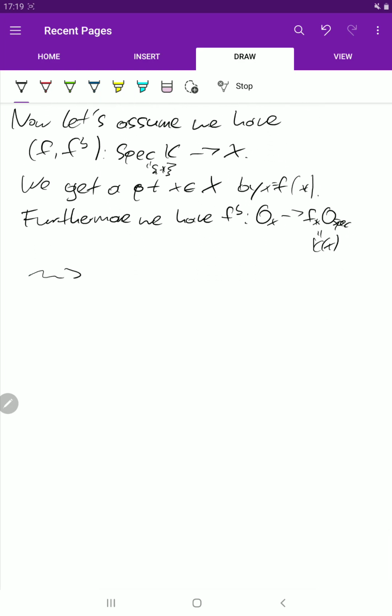And then we get an induced map on the stalks. If we take this one point, then we get a map from O_{X,x}, now f of this one point, which is x, into K, which is a local homomorphism.